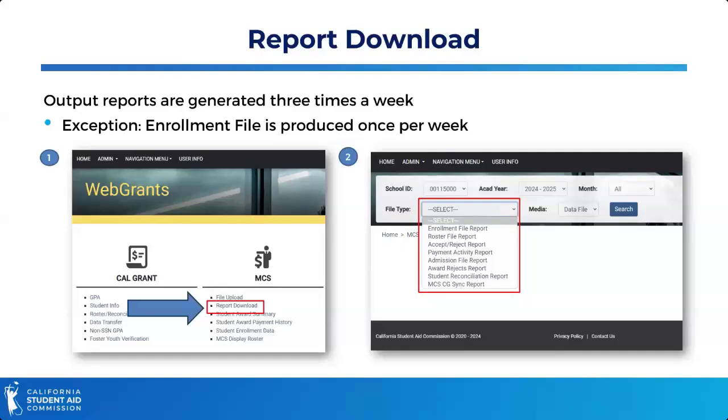These reports are produced only once a week and contain information only for those students who had enrollment records, corrections, or payments applied during the week. Now, roster files will generate twice a week, even if no payments or corrections were applied.